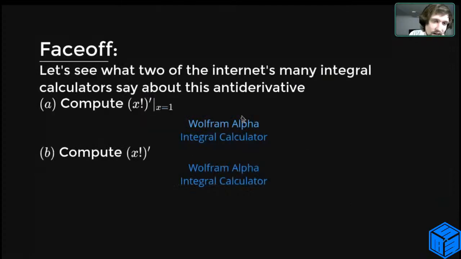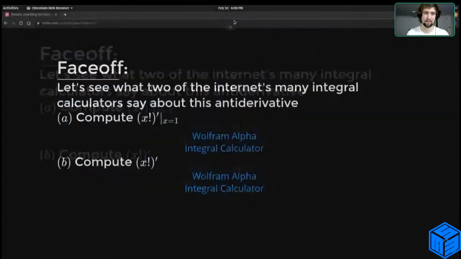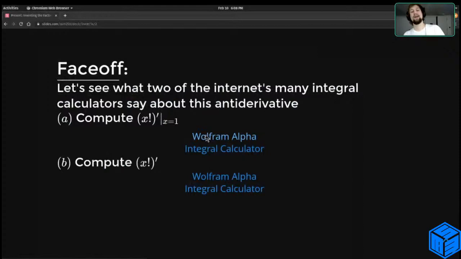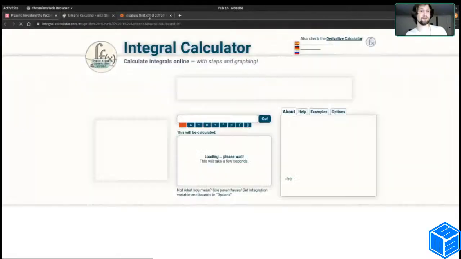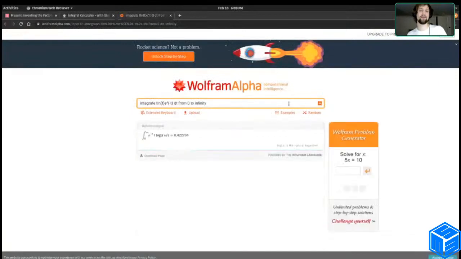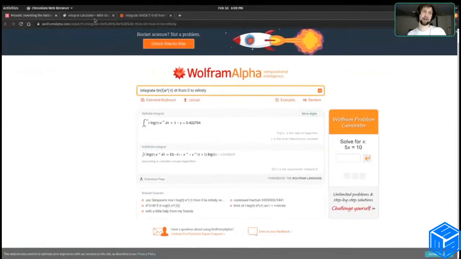So I'm going to look more deeply at that type of situation by looking at some of the internet's many integral calculators. So we're going to put Wolfram Alpha up against Integral Calculator. Very creative name, I know. And you see Wolfram Alpha's answer nice and quickly. This nice representation with respect to the Euler-Mascheroni constant.